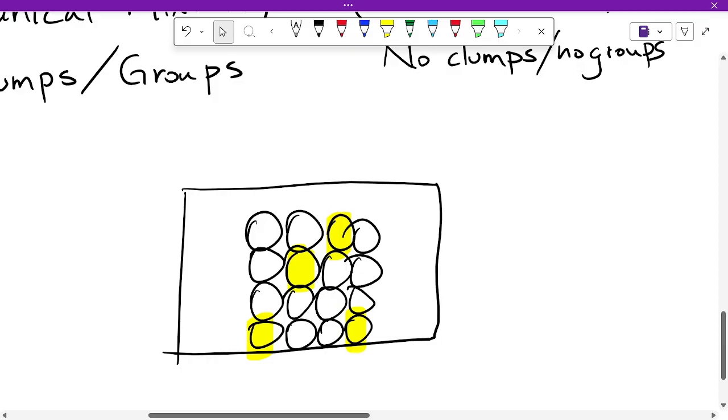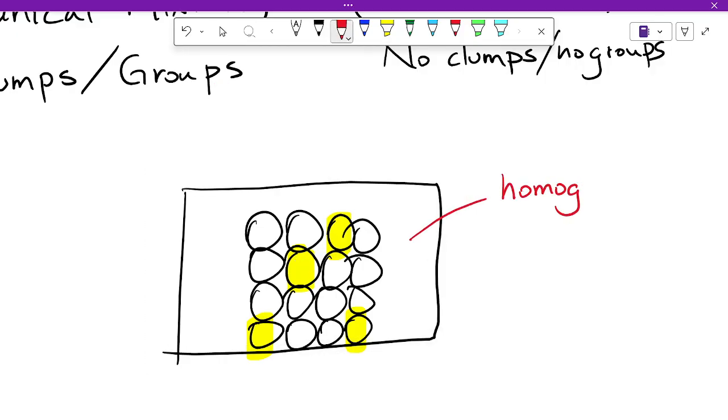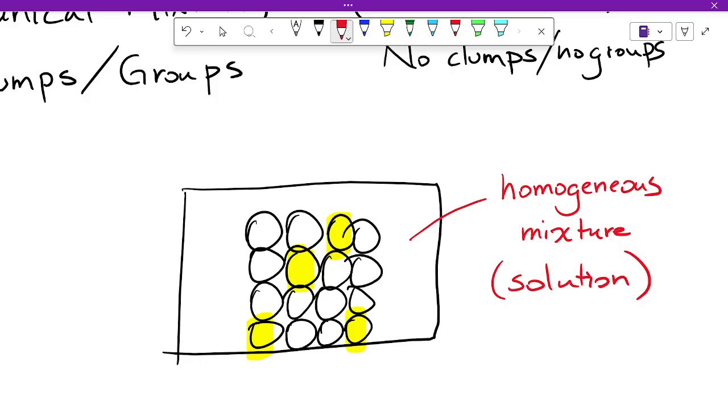Do your best. Does 2 represent a clump? No, 2 is not a clump. Okay? That is a homogeneous mixture. That is a solution. Okay?